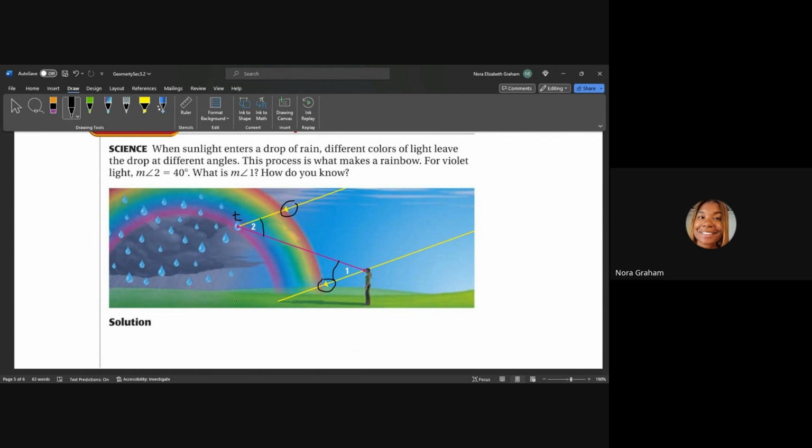Since they're alternate interior angles, they are congruent by our alternate interior angle theorem. So angle 2 is going to be equal to angle 1. And that's for that one.